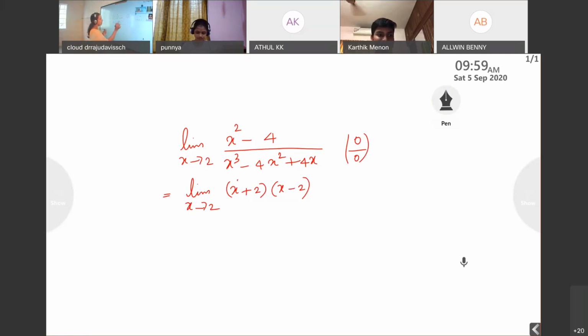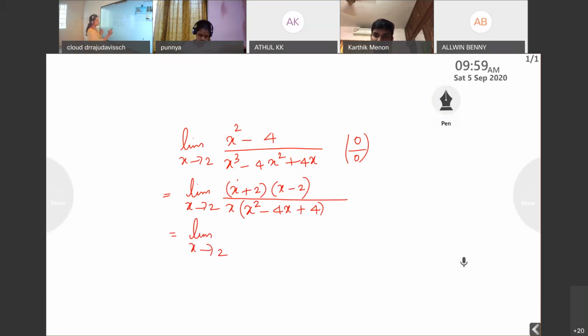From the denominator, we take x common and get x square minus 4x plus 4. Again we have a quadratic polynomial, so factorize the quadratic.